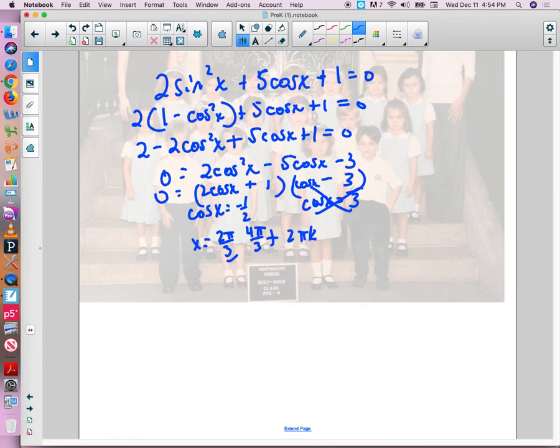So you have things like that where you have to insert an identity. Make sure that if you have something like this, I don't even know if this one works out. But for instance, don't cancel out these cosines because you'd be throwing away an answer. Subtract it, and then factor it out.